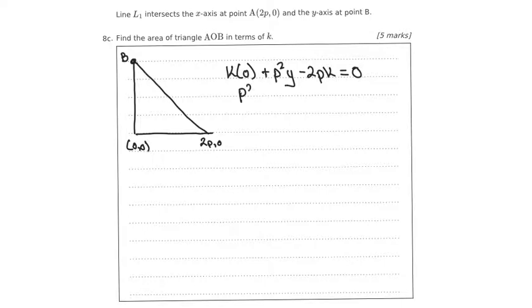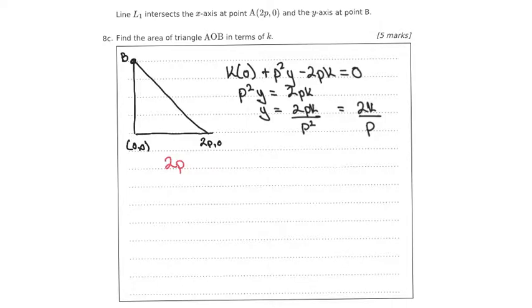Therefore, p squared y is equal to 2pk. So y is equal to 2pk over p squared, which is equal to 2k over p. Therefore, we know the width of our triangle is 2p.